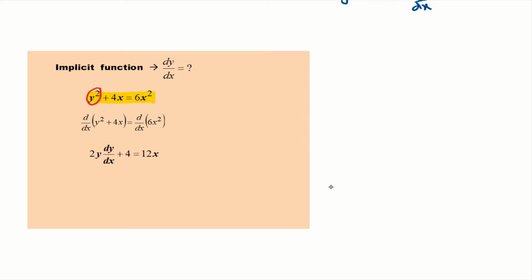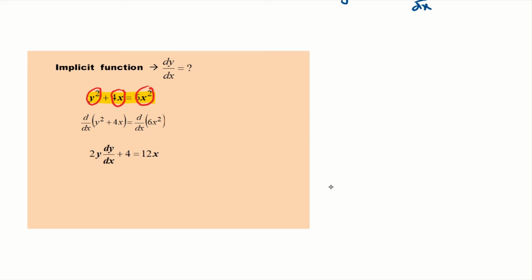The first term is y squared, then we have 4x, and then we have 6x squared. The plus sign here means we are going to apply the sum rule. So first we differentiate y squared, and it becomes 2y dy/dx. We differentiate y squared as usual to get 2y, and add dy/dx at the back.